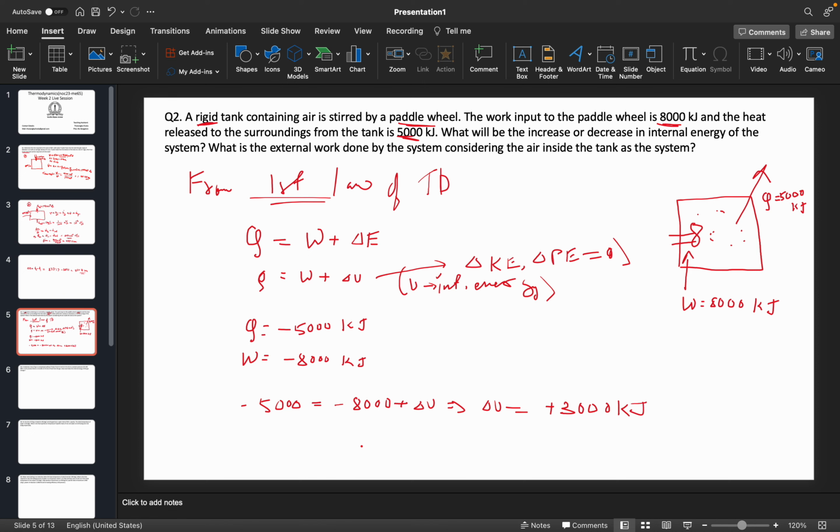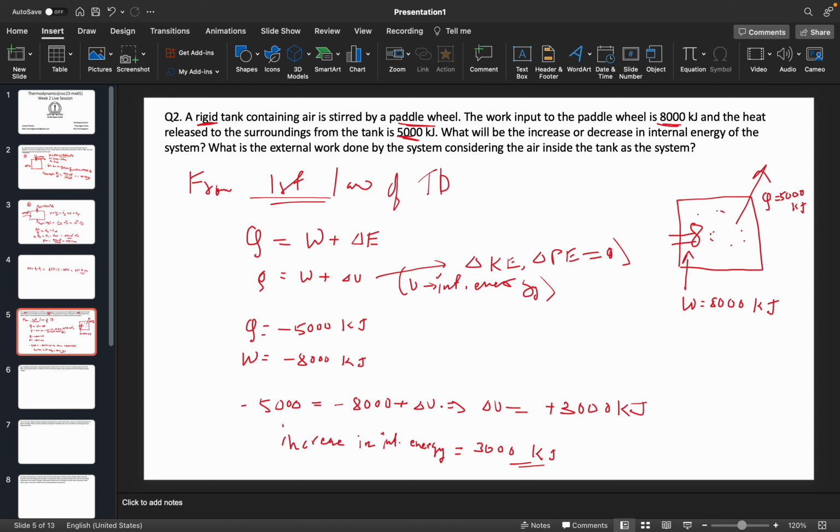So we can write that there is an increase in internal energy equal to 3000 kilojoule. That means there is an increase of 3000 kilojoule of internal energy in this process.